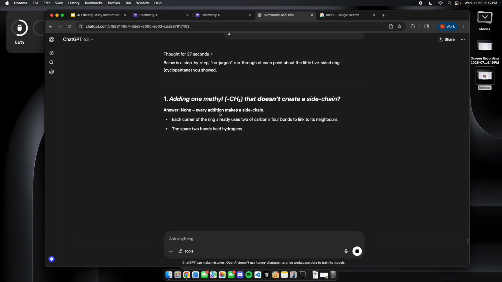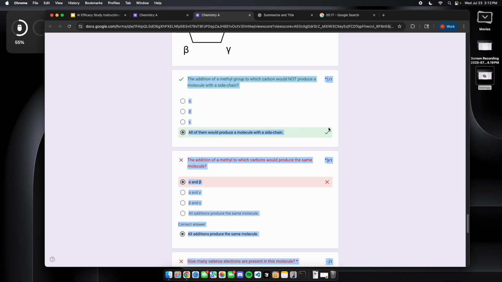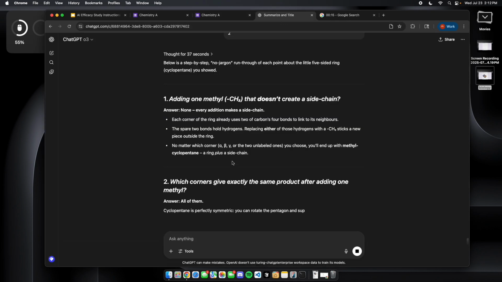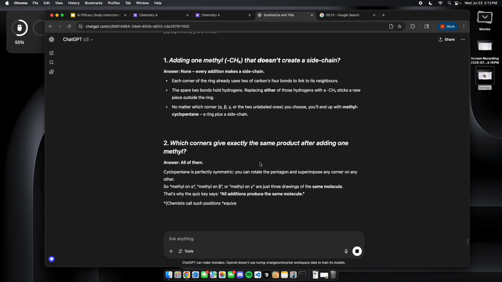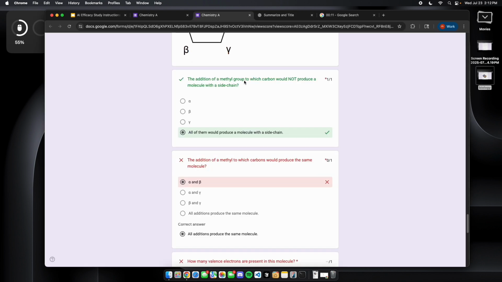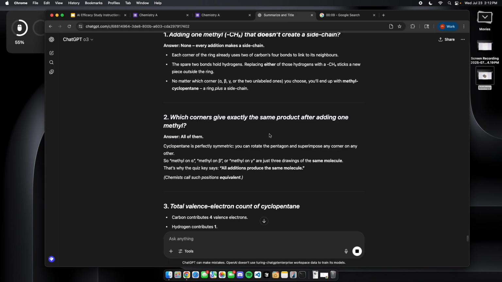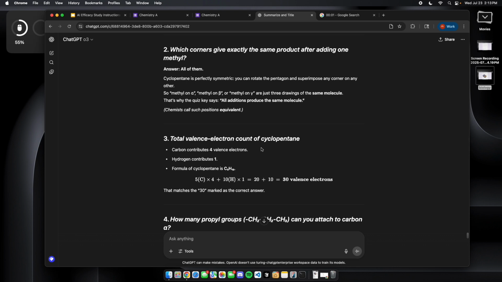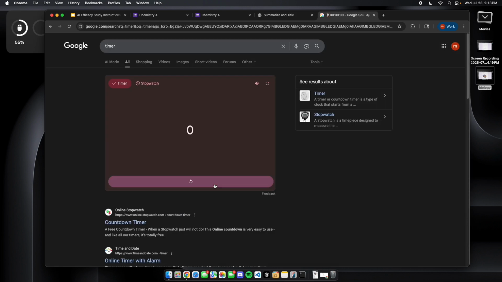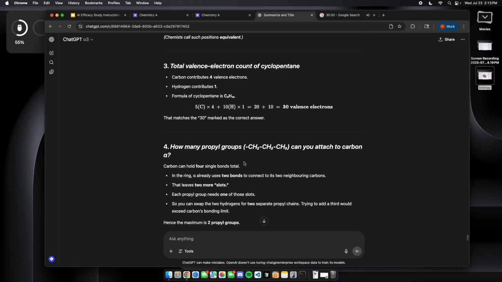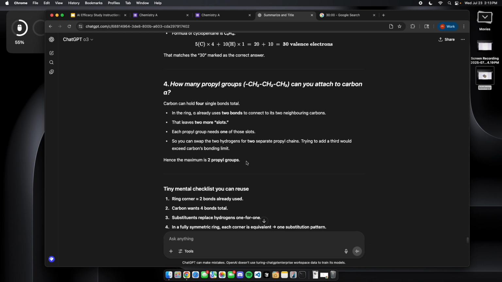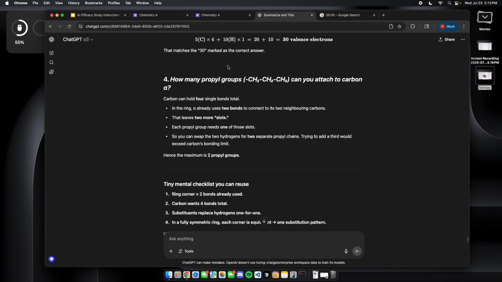Nice. Didn't take that long. Perfectly symmetric, you can rotate the pentagon, superimposing any corner on the other. Total valence electron count. Looks like these are pretty good answers, but let's move on.